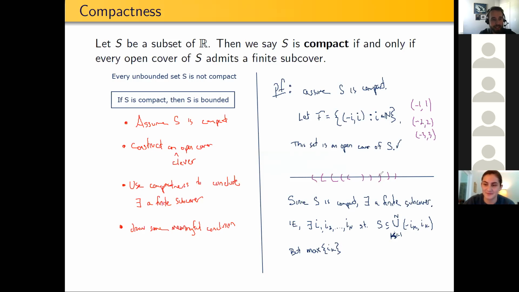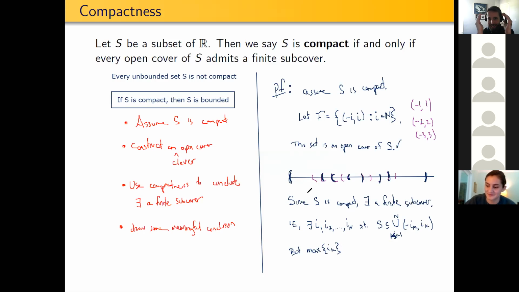Right, so let's pretend that our set S was contained in the first one, the third one, the fourth one, and the eighth one, or something like that, right?